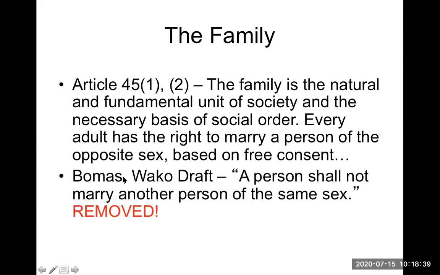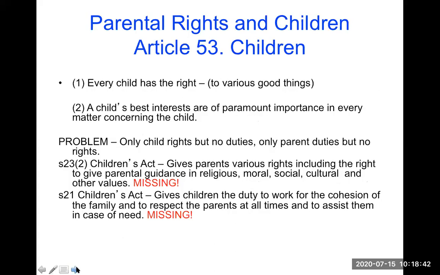Okay. And so we have parental rights and children's rights that are likely to clash if one or other is radically pursued to the exclusion of the other. So we have these very good provisions that every child has a right to very many good things, and that a child's best interests are of paramount importance in every matter concerning the child.